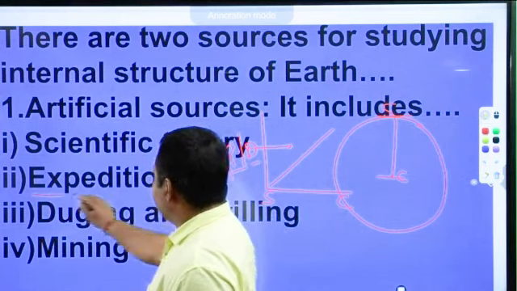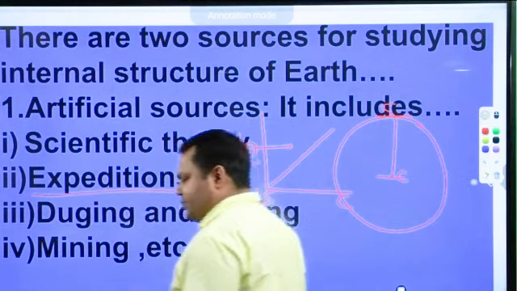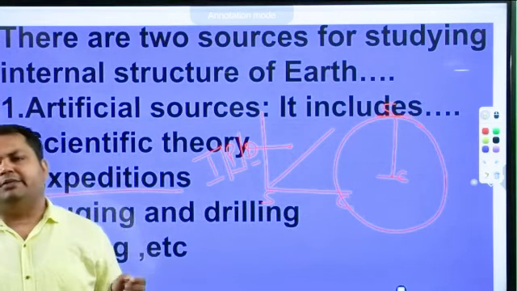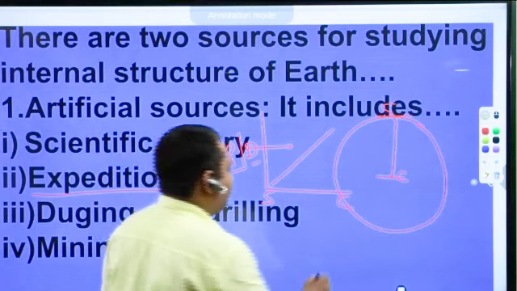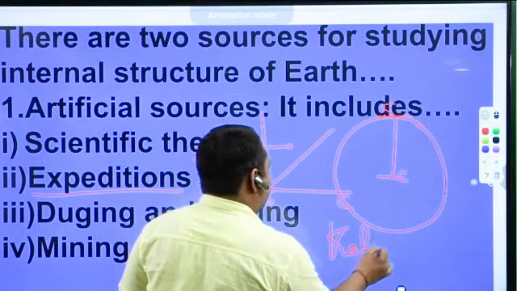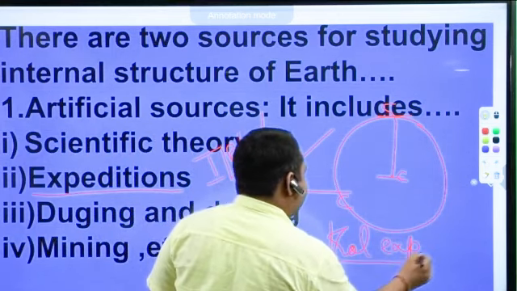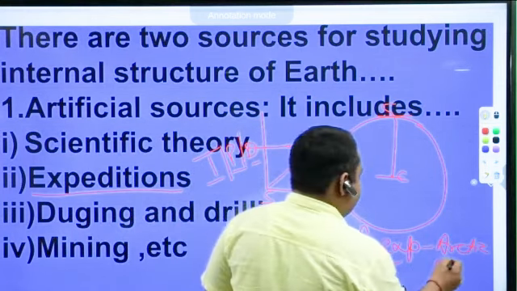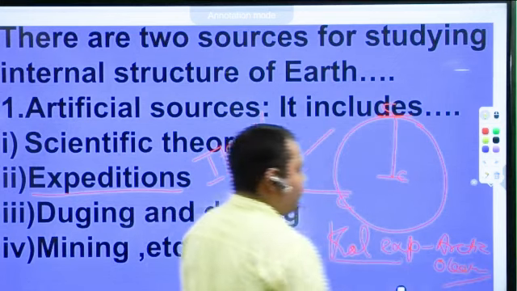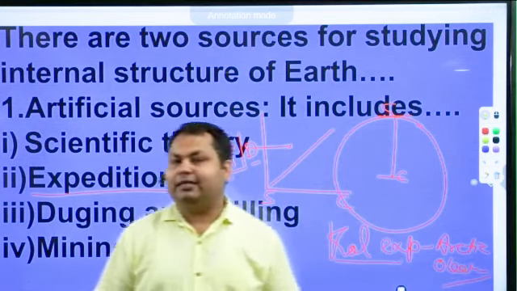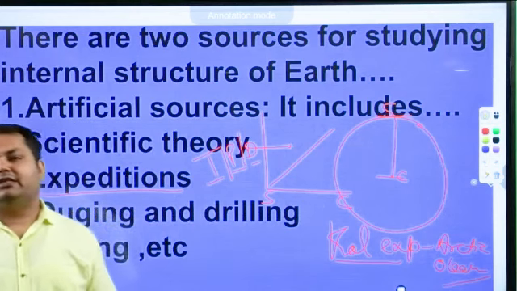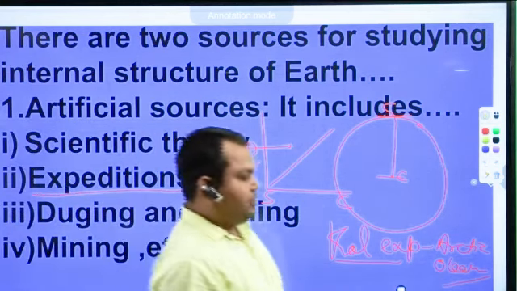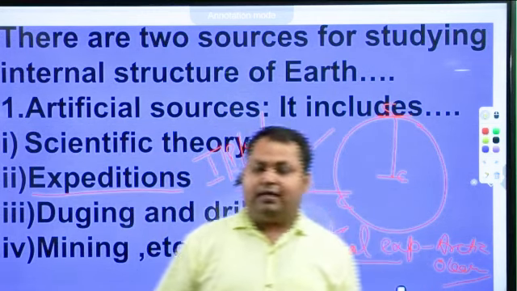Secondly, expeditions. Many scientific expeditions have been done up to now, and among them the coal expedition of the Arctic Ocean is very important, because drilling was done up to 14 kilometers from the surface of the ocean, in the oceanic crust.